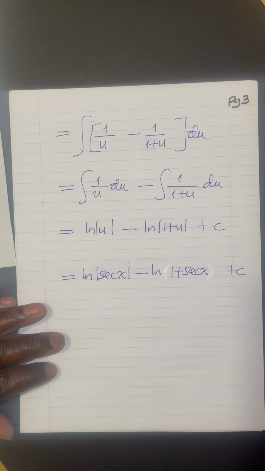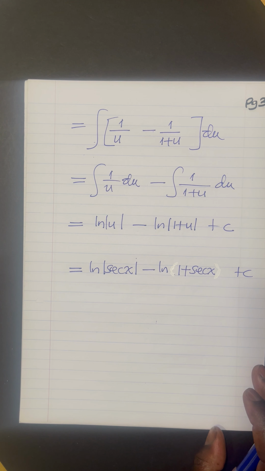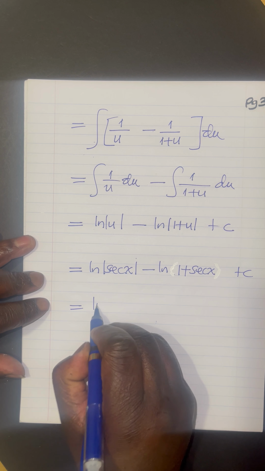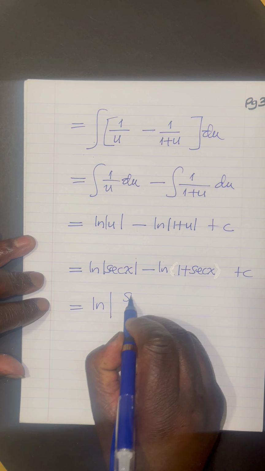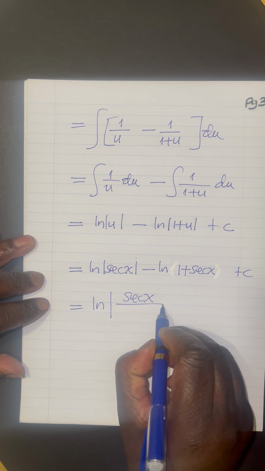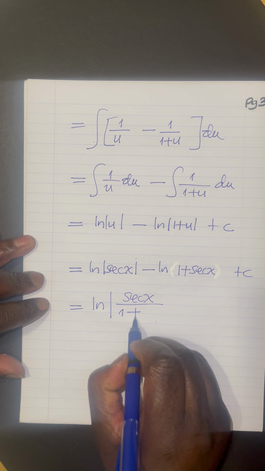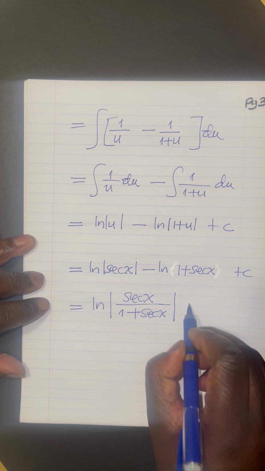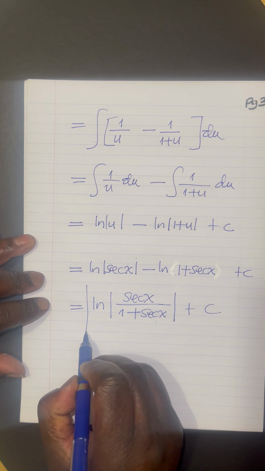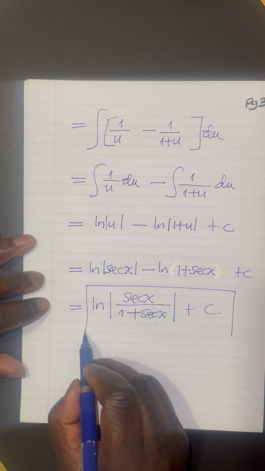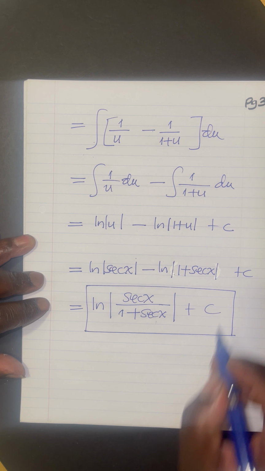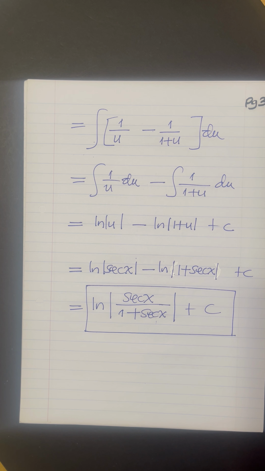So I can rewrite it as natural log of, check this out, sec x all over 1 plus sec x, and then I have plus c. That would be my final solution to this integral. Like I said, let me put these back like that. So that would be my final solution.